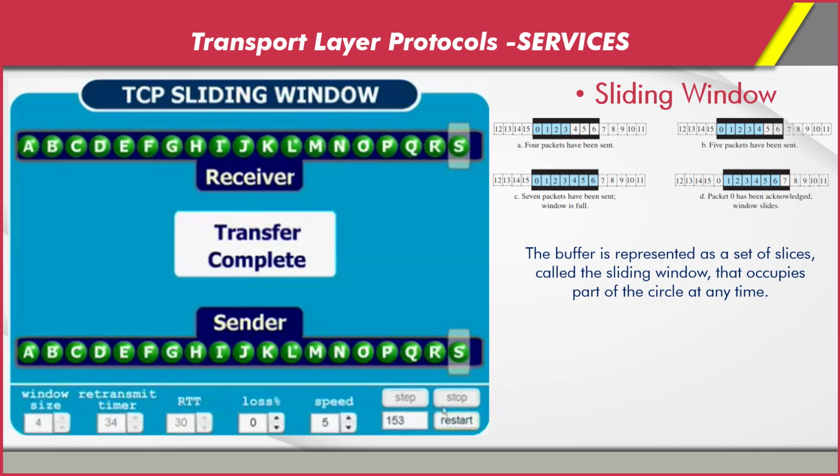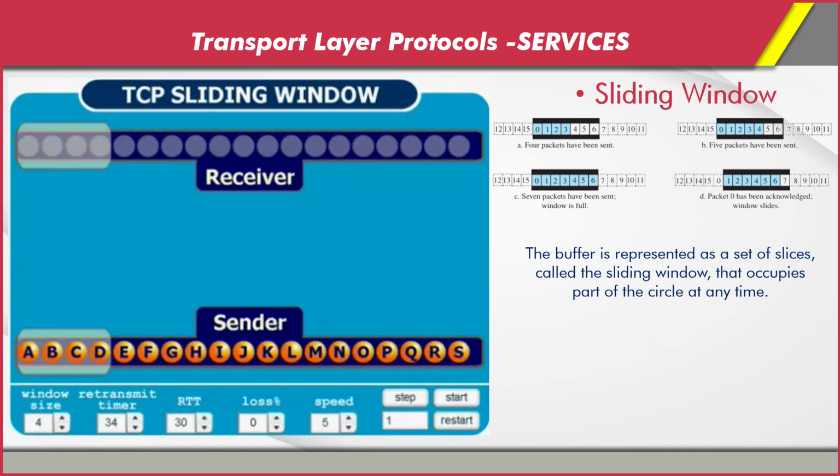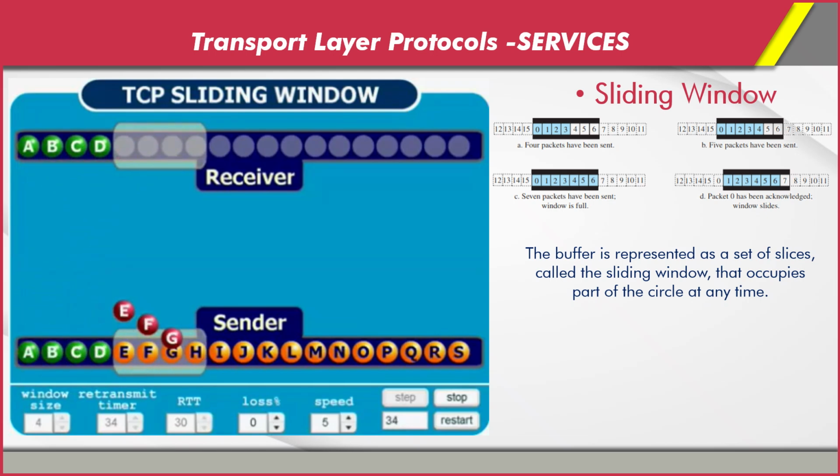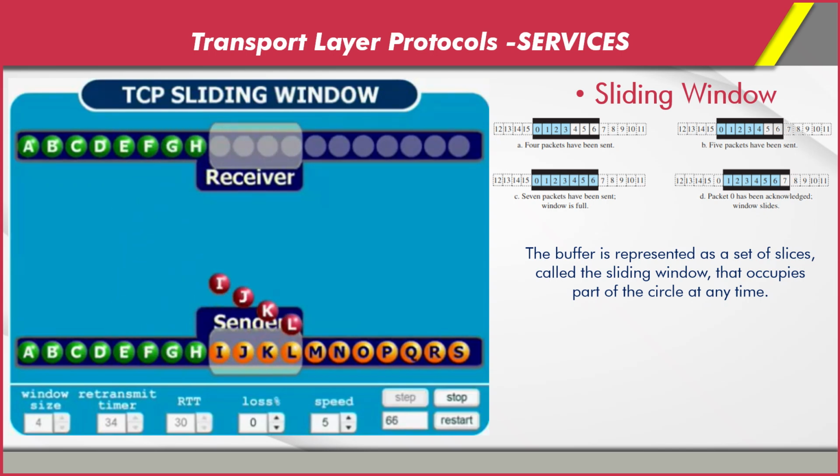Here we demonstrate the working of TCP sliding window. We fix the size of the window as 4. So ABCD, the four alphabets, are sent from the sender side to the receiver side. After the ABCD alphabets, that is 4 bits, are received, the receiver will send an acknowledgement to the sender side.